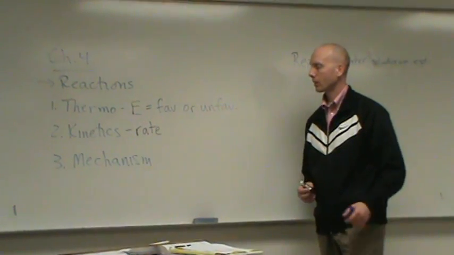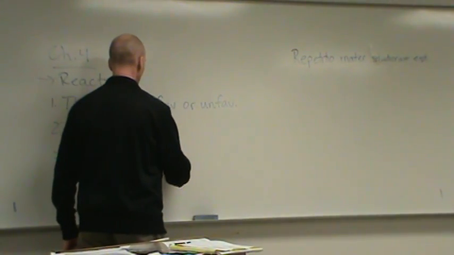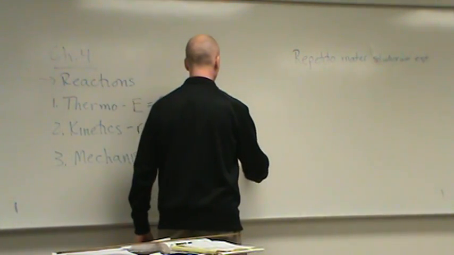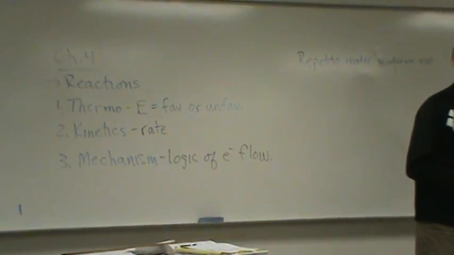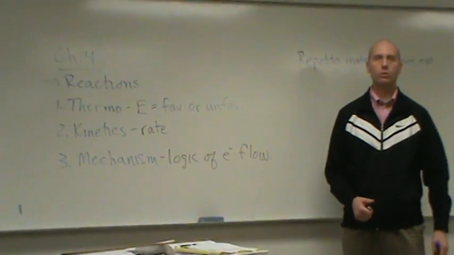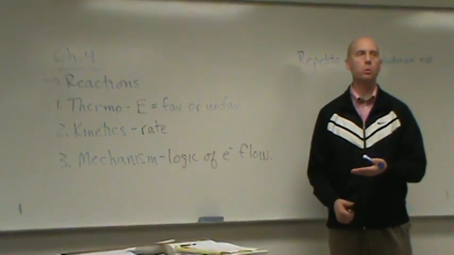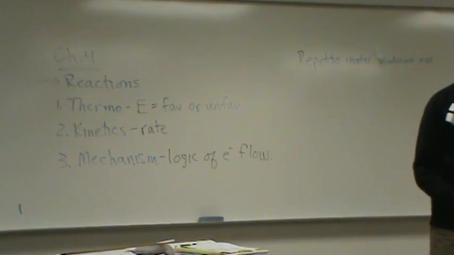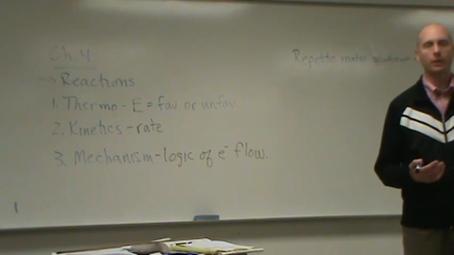The third way to look at a reaction is by way of mechanism. When we study the mechanism of a reaction, we look at the logic of electron flow. We look at the logic of how electrons are moving. Why do they move in a certain way that they do? Remember, we got introduced to mechanisms in looking at acid-base chemistry.